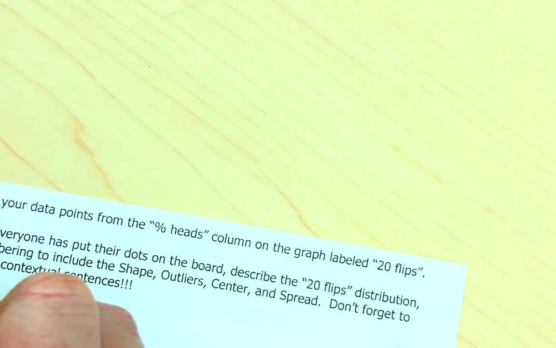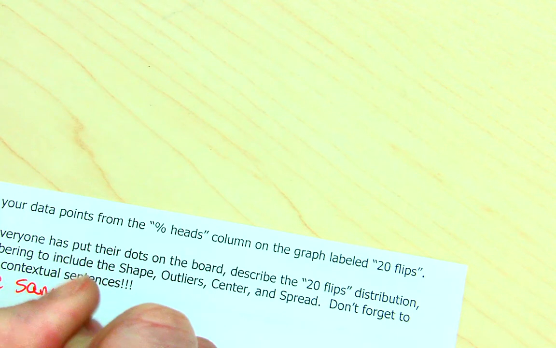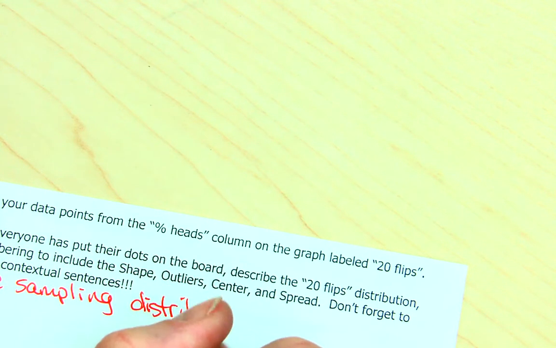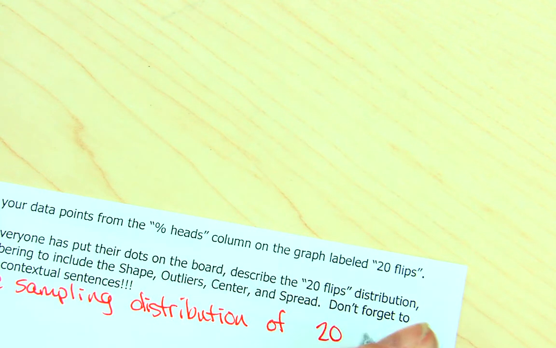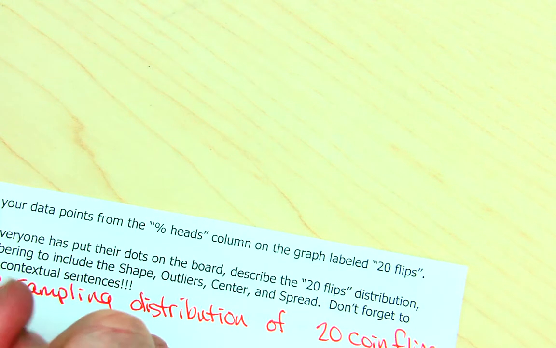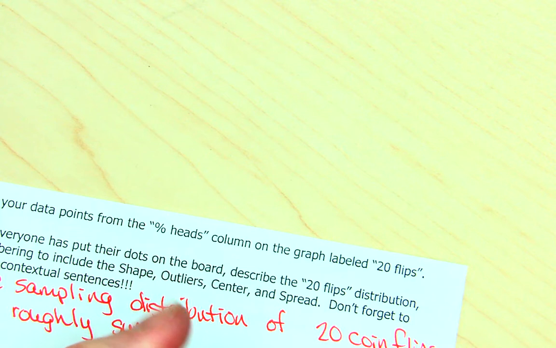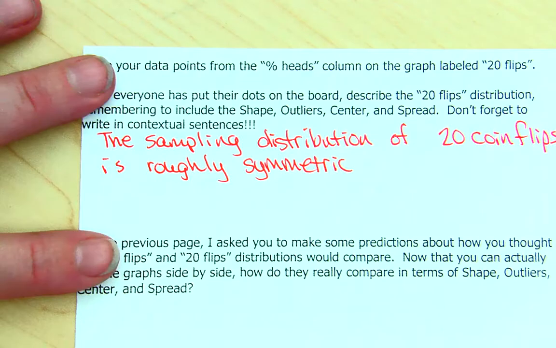Our description, if we write this one out, the sampling distribution of 20 coin flips, still roughly symmetric.